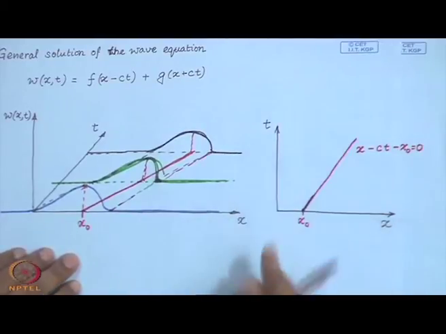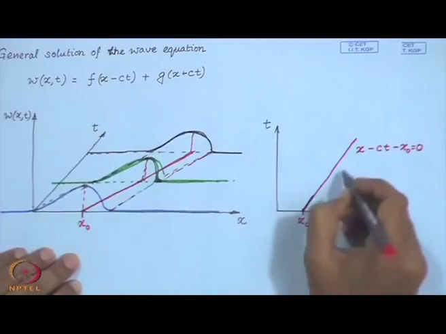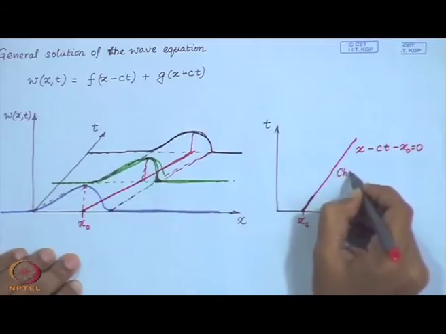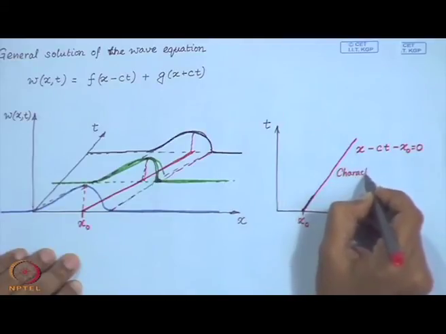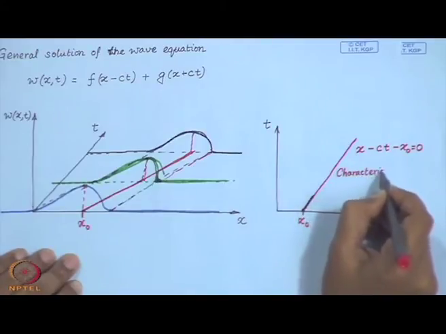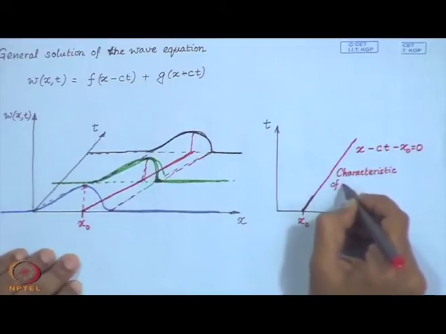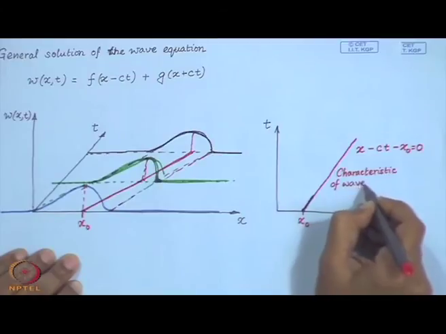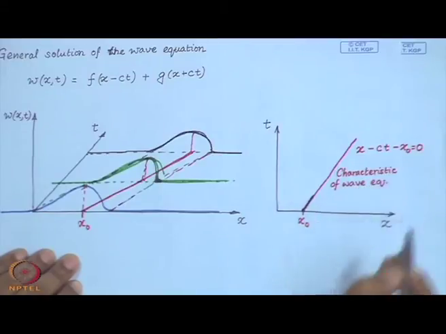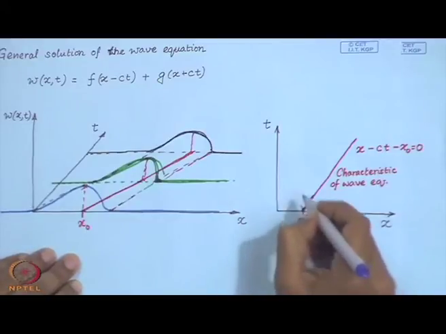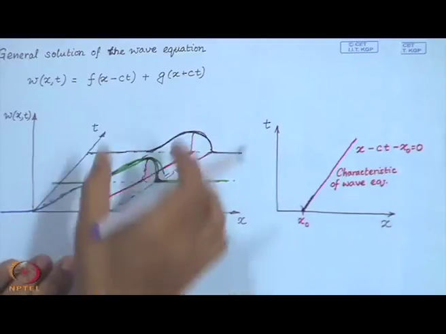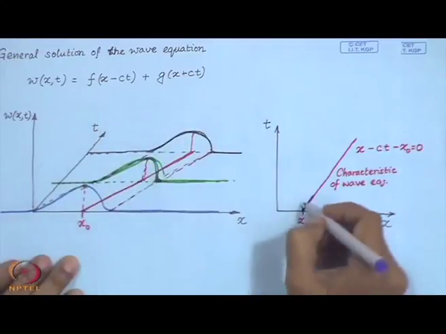This line is known as the characteristic of the wave equation. Similarly, it will have another characteristic for the negative travelling wave.